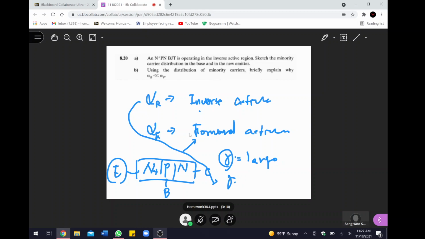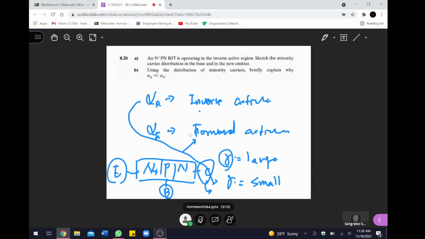Inverse active region is in the opposite direction, right? We apply the forward bias between the collector and base, and the emitter-base is reverse biased. In this case, because the collector side doping is lower, your minority carrier current is much higher. So the injection efficiency is going to be small.